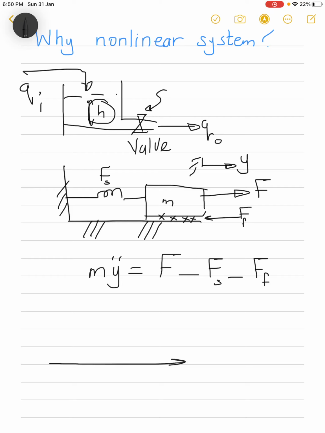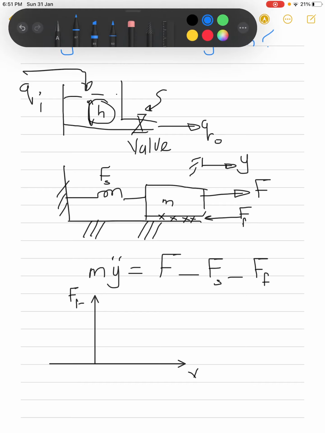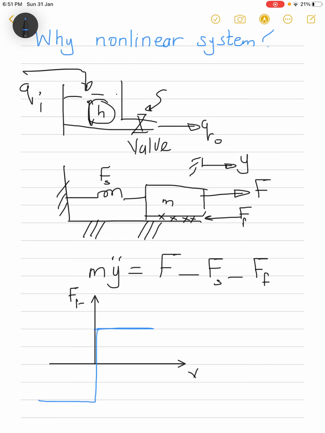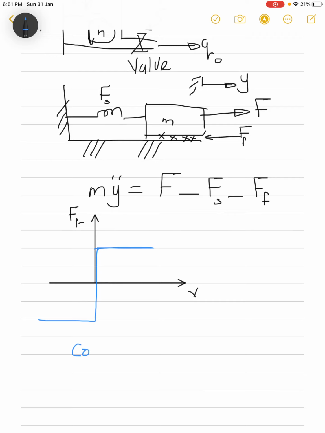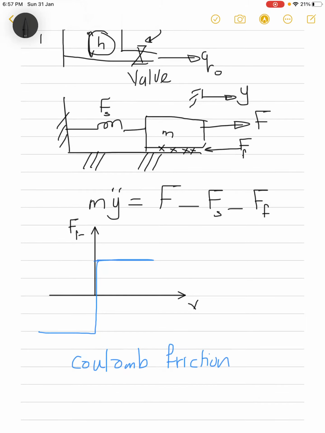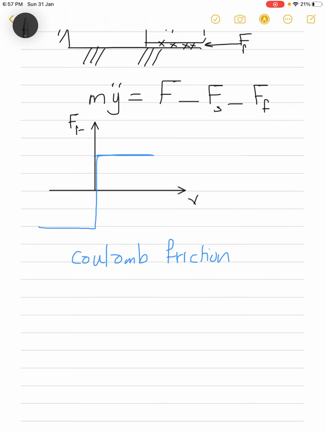So for example, if this is the velocity and this is the force due to friction, it could behave like this, and that's what is called Coulomb friction. We could have another kind of friction, which could be Coulomb plus viscous friction, and this is normally represented like this.